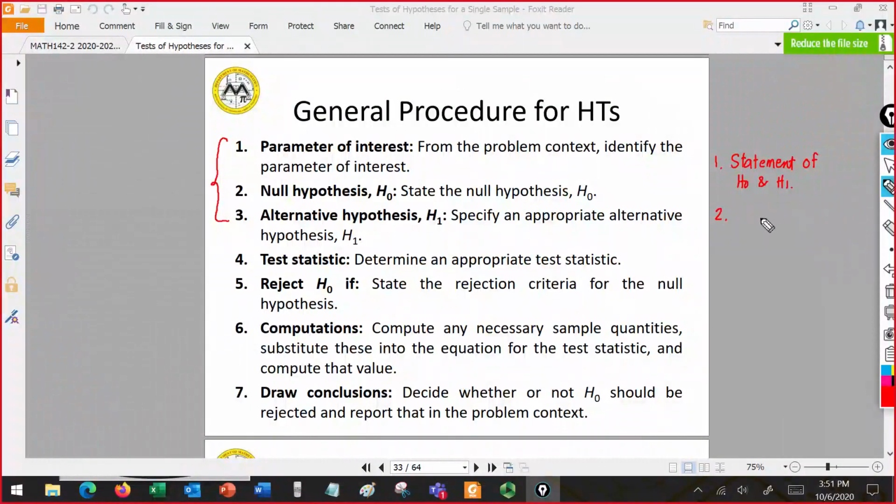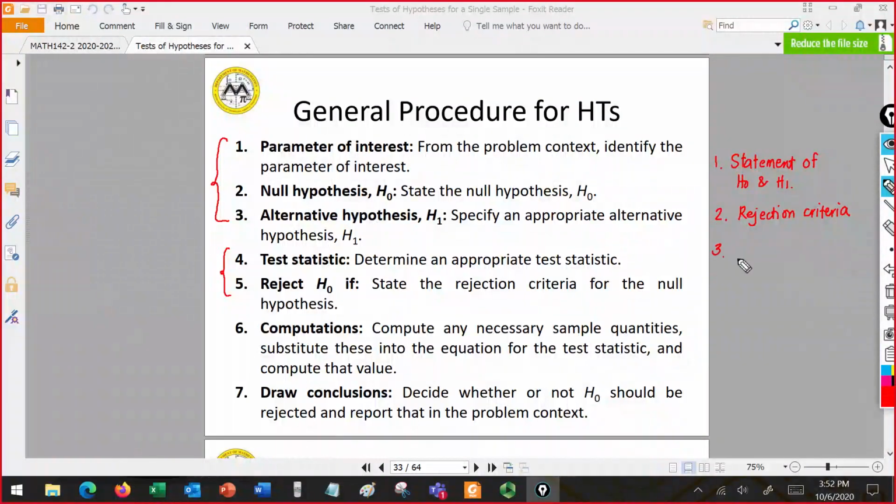The second one, state the rejection criteria. So, when do we reject the H0? That's number 4 as well as 5.